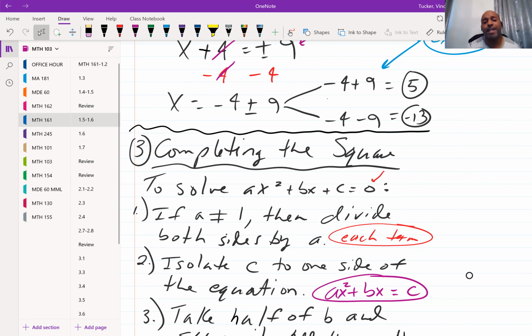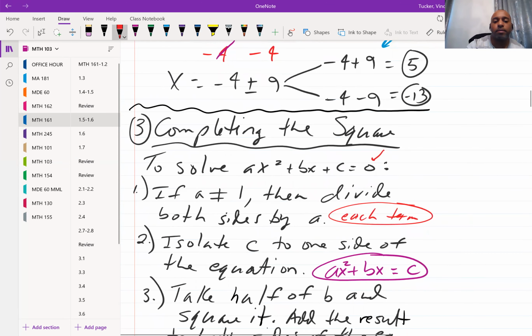So the first step: if A is not 1, then divide both sides by A. In other words, you're going to divide each term by A if A is not 1. Step 2, we're going to isolate C to one side of the equation. In other words, we're going to take that C over to the other side.